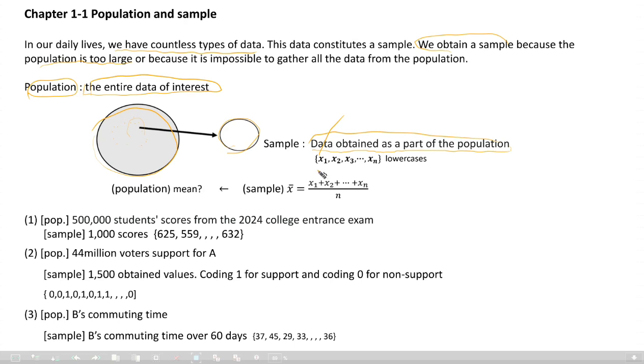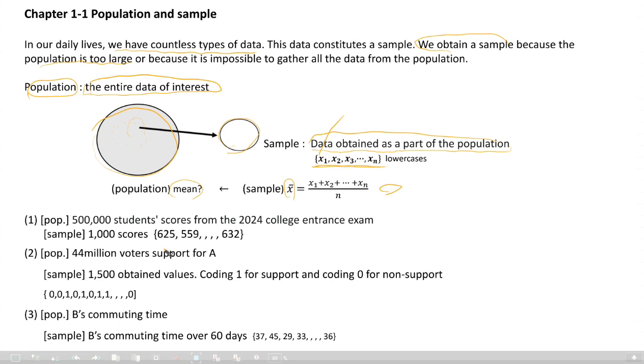So I'd like to point out the sample is written as lowercase letters x1, x2, xn. Known value, obtained value. So it is natural to calculate the sample mean. Everybody knows what the mean is, so we can get some value. Okay, so what is the mean of the population? That is something we want to know.